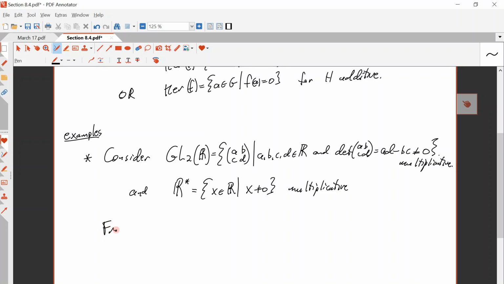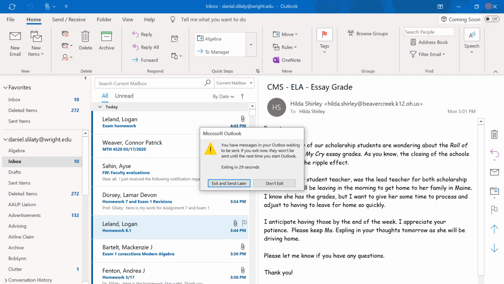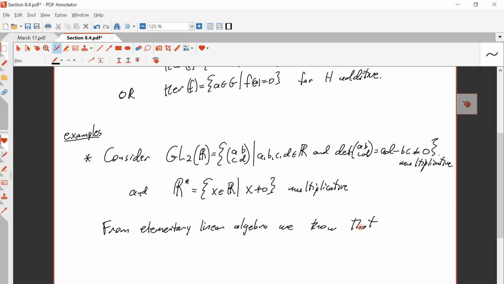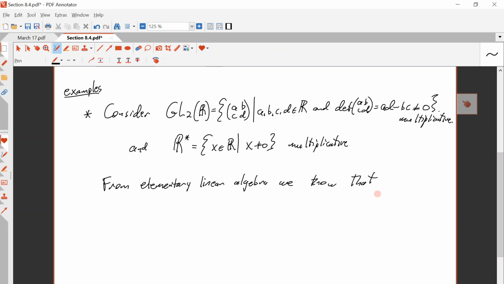And then from elementary linear algebra, or matrix algebra, we know that the determinant function from GL to R star is a homomorphism.